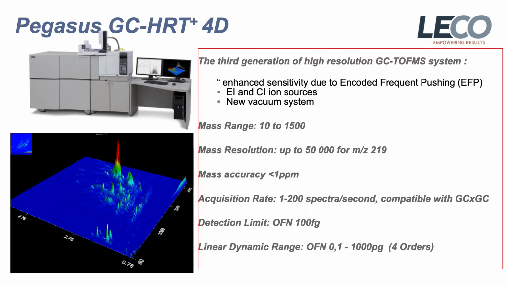So some parameters of the instrument are mentioned here. You can see the extended mass range, and you can see very nice mass resolution, mass accuracy, up to 200 spectra per second you can run using GC×GC tool, and very nice sensitivity of the instrument and quite nice dynamic range.